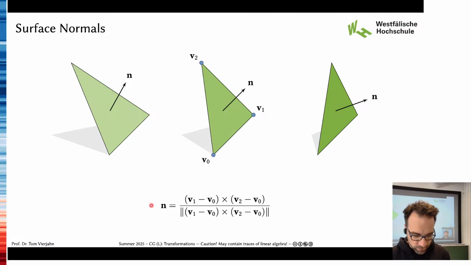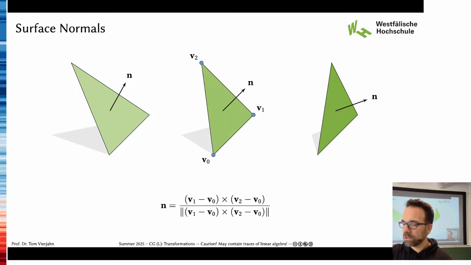That is why we need to use length 1 or unit length for all the other computations that we're going to do later, especially in illumination. Because there you compute the dot product of the light vector and the normal vector, or if you're doing Phong, you compute a reflection vector using that dot product.